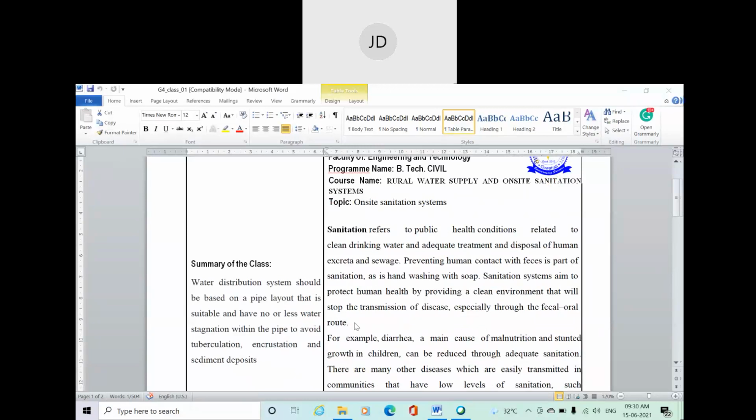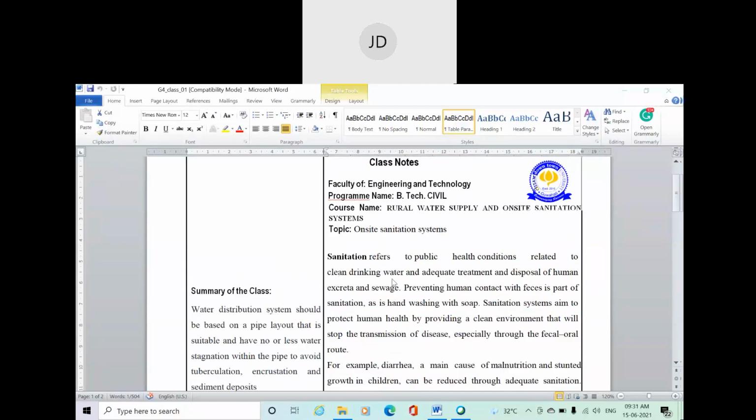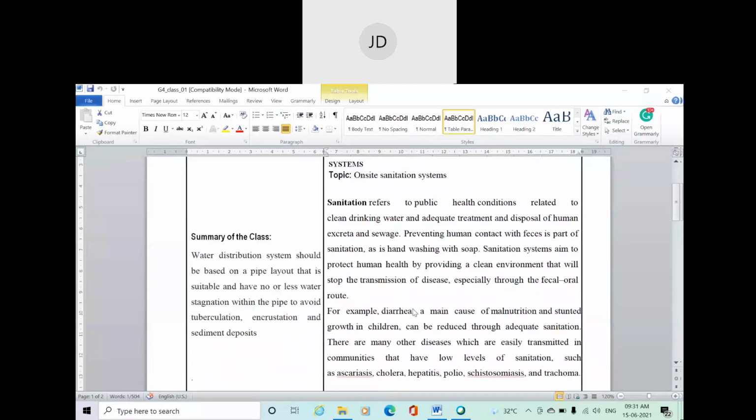You all also know that in grassroots areas, even rural areas, because of unhygienic conditions, different diseases may spread because sanitation is not provided. Not providing sanitation means not providing safe drinking water and not providing proper treatment and disposal of human excreta, waste, or sewage.